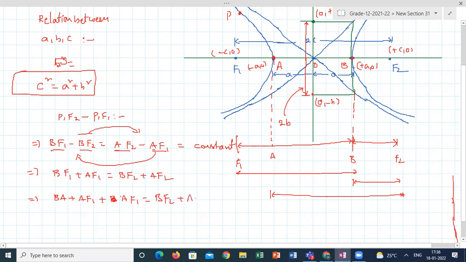AF2 can be written as AB plus BF2. So AB cancels, and 2 times AF1 equals 2 times BF2. The 2 cancels. AF1 is equal to BF2. That means the distance from A to F1 is equal to the distance from B to F2.